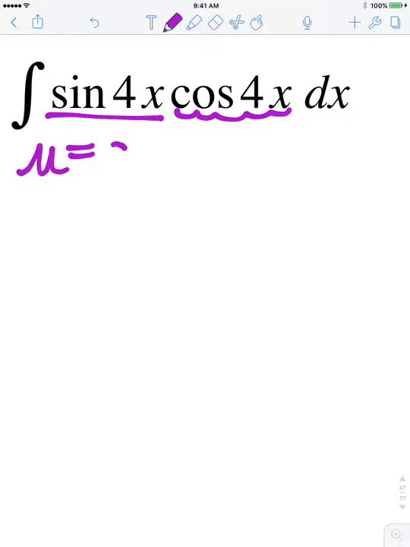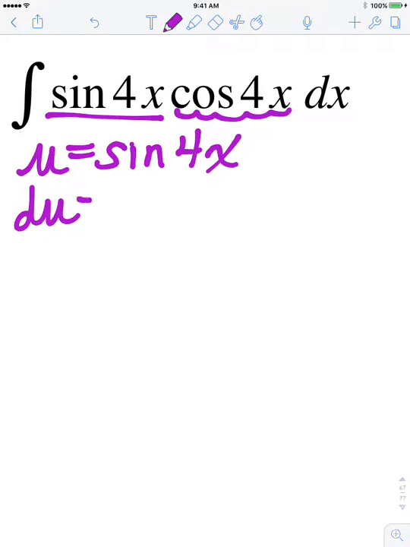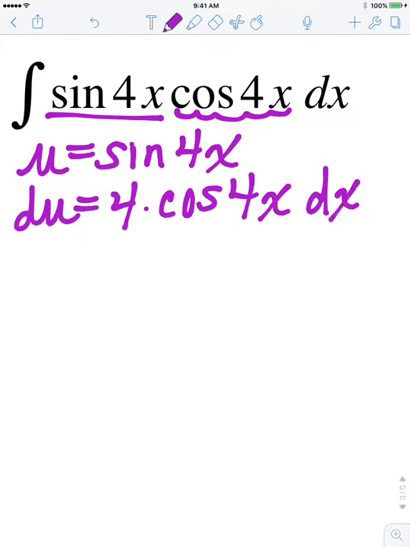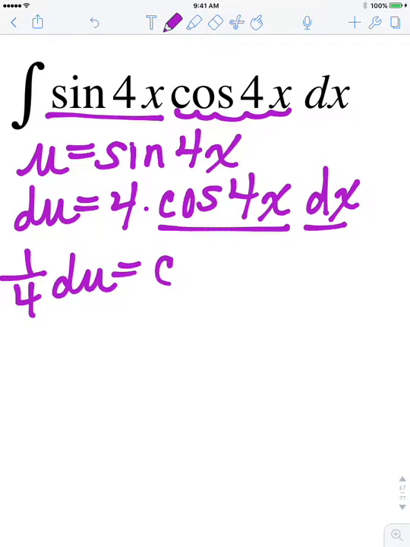If u is the sine of 4x and du is going to be, let's see, the derivative of that is going to be 4, remember the chain rule, times the cosine of 4x dx. Yeah, I got that cosine 4x dx back. The only thing I have to adjust is divide both sides by 4. Okay, so that works.